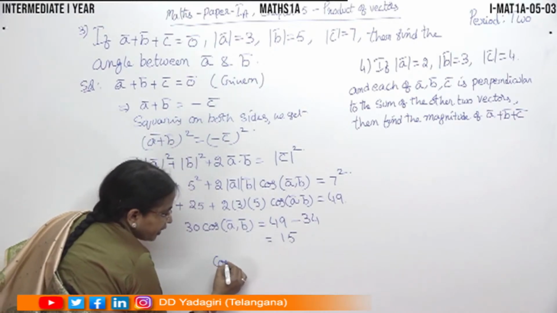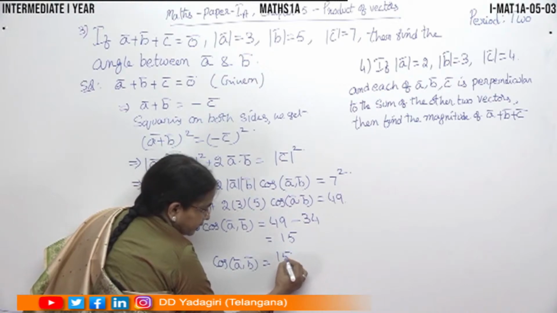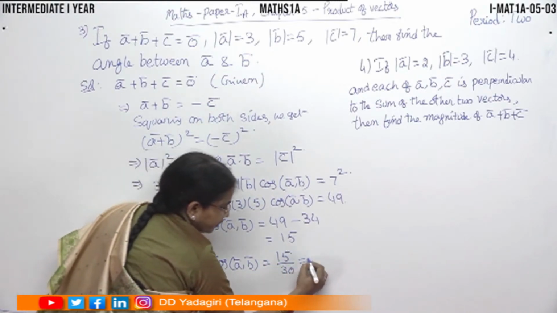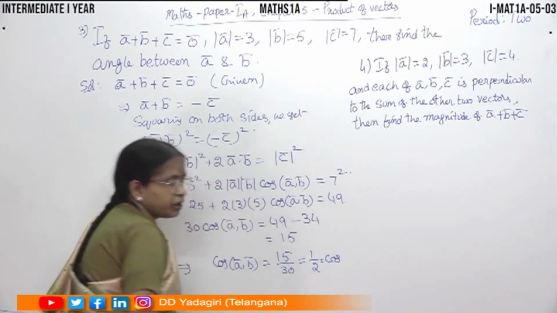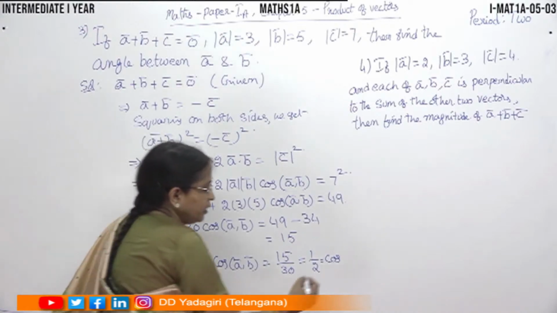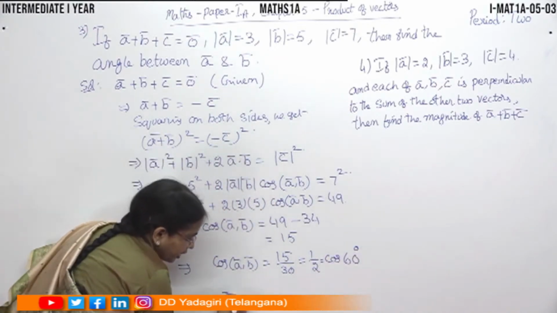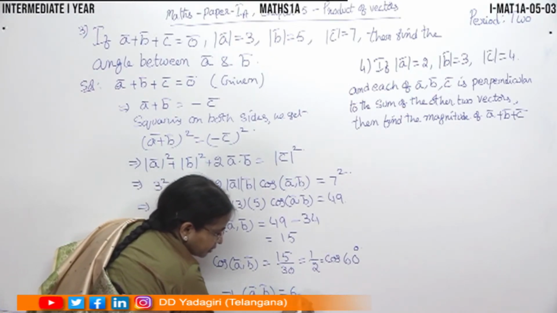So cos of angle between A and B is 15 by 30, that is half. Now this half can be written as cos of what angle? Cos of 60 degrees. So the angle between A and B is 60 degrees.